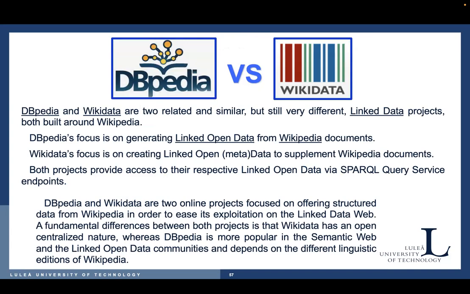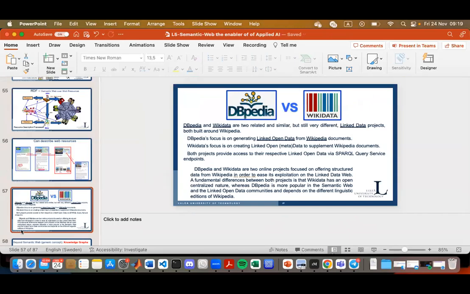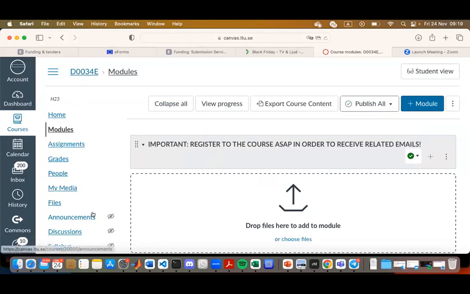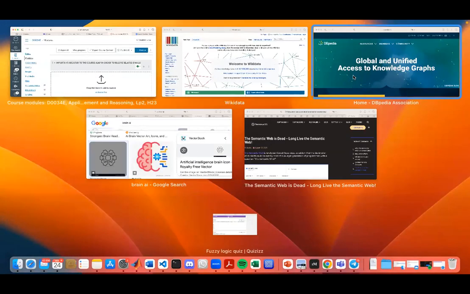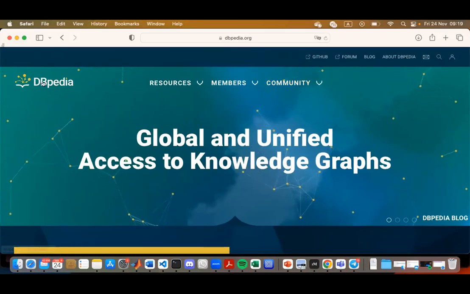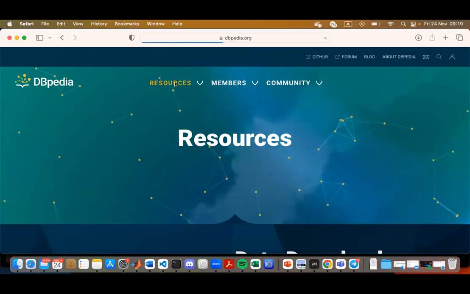There are existing projects, long-living ones. We will look at them, and you can have a look separately. Let me see if I have this page open somewhere. No, not that one. Yeah, I think this is DBpedia.